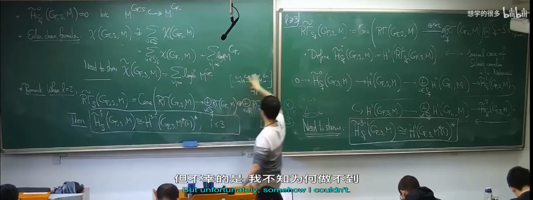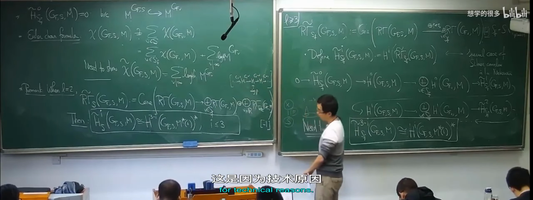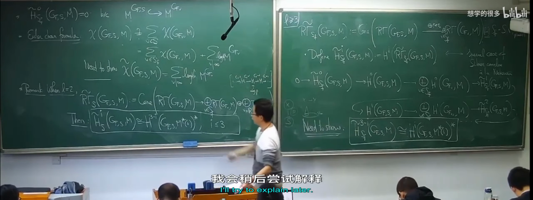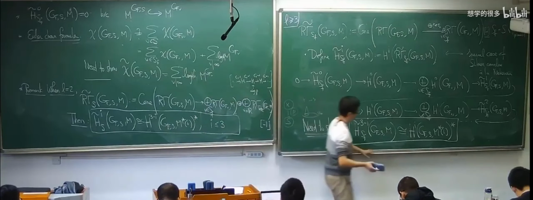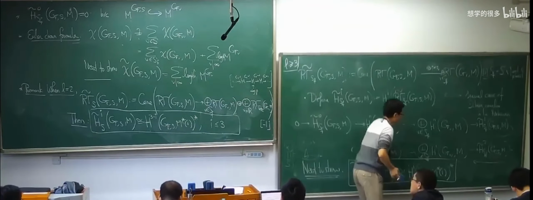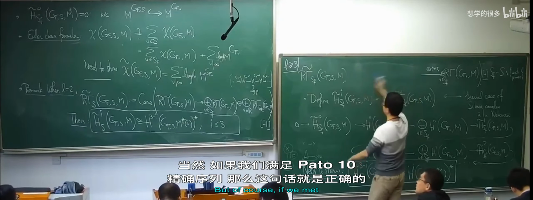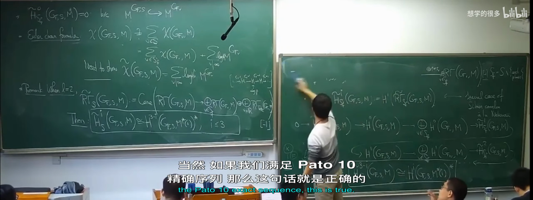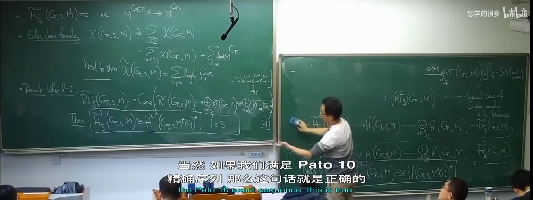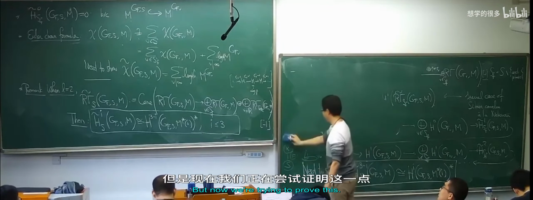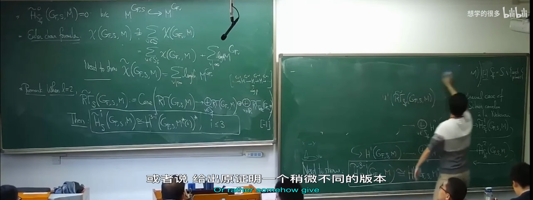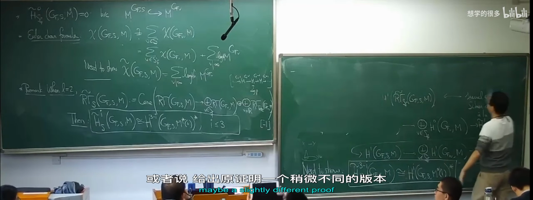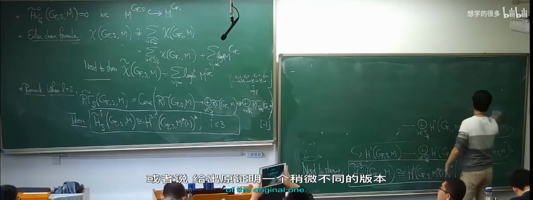But unfortunately, I couldn't prove this for a technical reason. I'll try to explain later. But of course, if we admit the Poitou-Tate exact sequence, this is true. But now we're trying to prove it, or rather give a slightly different proof of the original one.